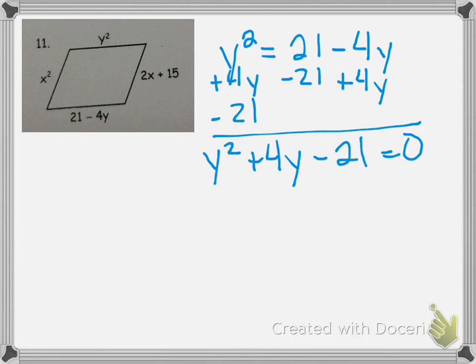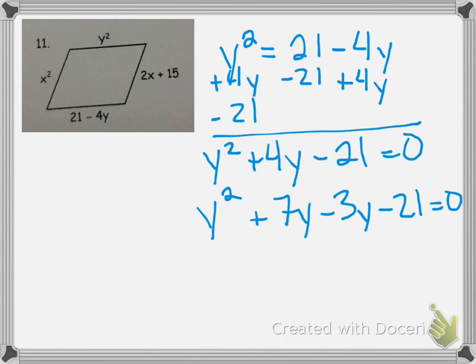Okay, so now I need to ask myself, what multiplied together gives me negative 21 and added together gives me 4. So that's y squared, and we know that it's got to be 7y minus 3y minus 21 equals 0.